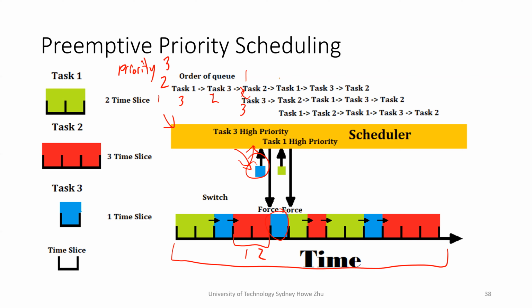And then let's say task 2 has started again, and task 1 has now occurred. So then task 1 becomes highest priority. Once task 3's time slice has finished, it interrupts this again and shifts the current task 3 into the next priority along.